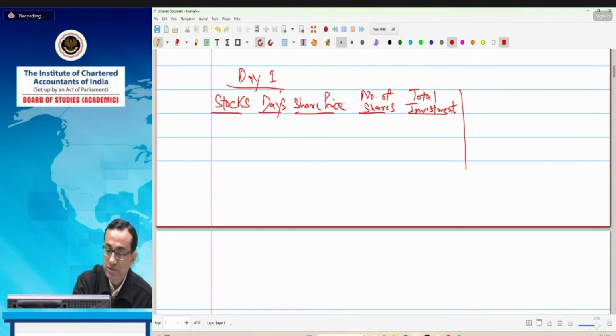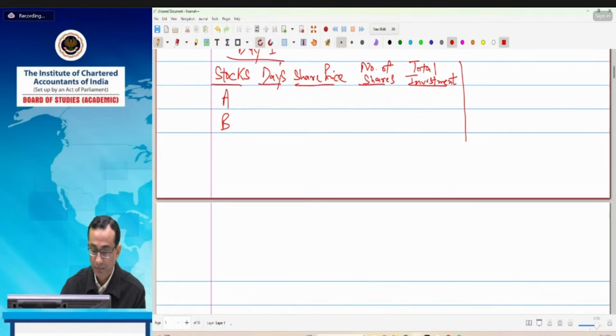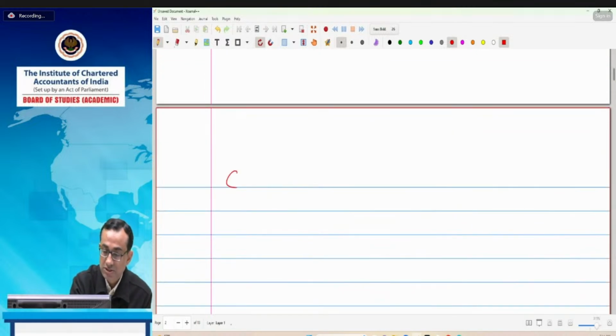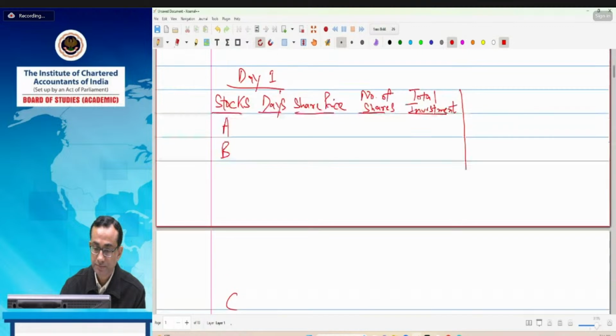So first stock is stock A. So the mutual fund invested in stock A, stock B, stock C, stock D, and stock E.